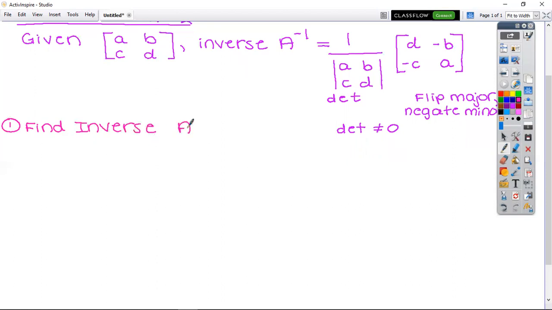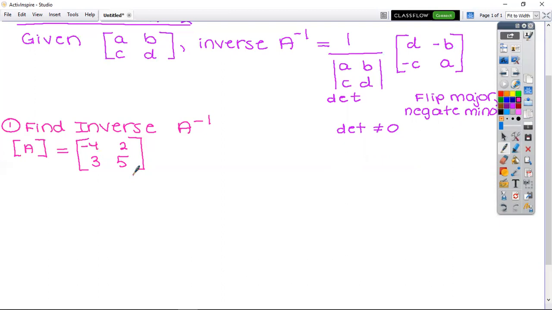So inverse notation looks like this. Let's give you a matrix. I'm going to call it matrix A, 2 by 2 again, with rows negative 4, 2 and 3, 5.